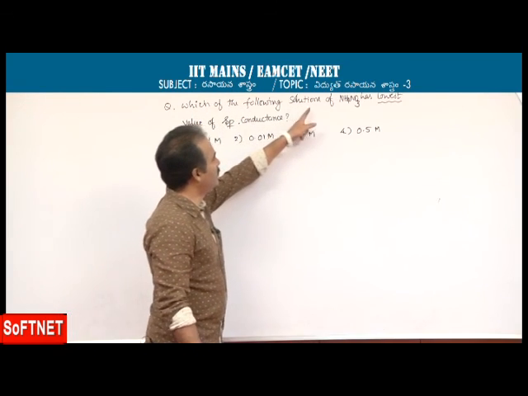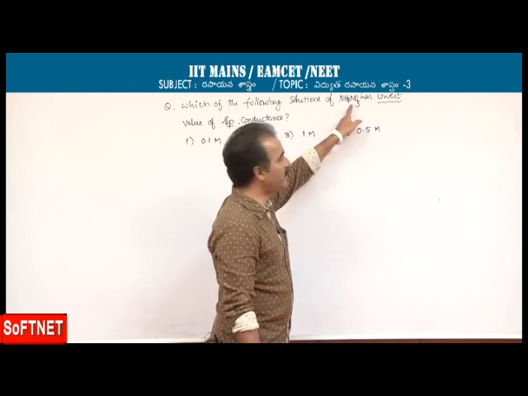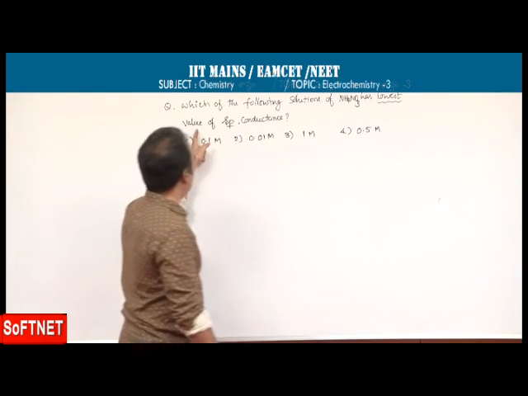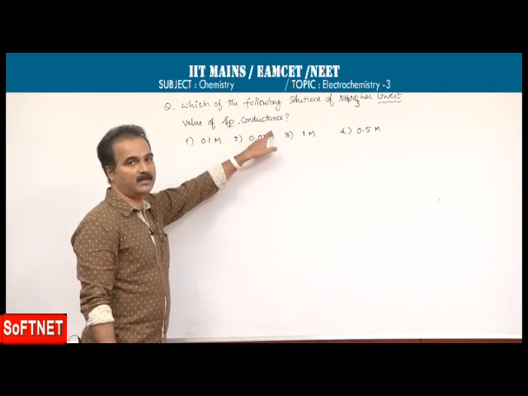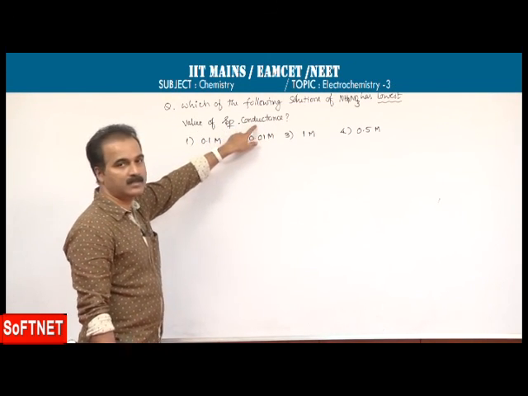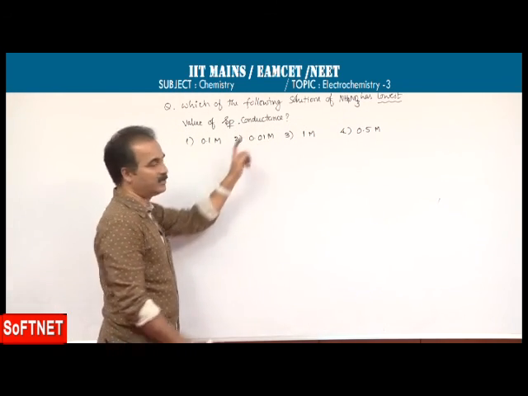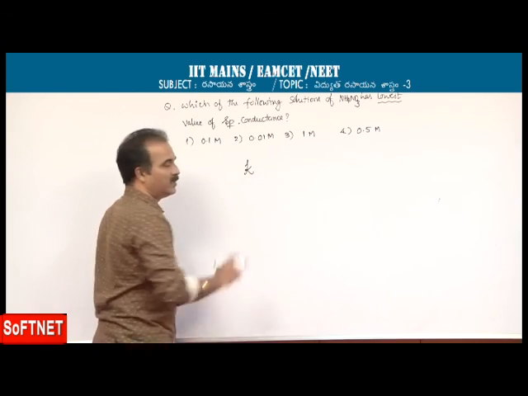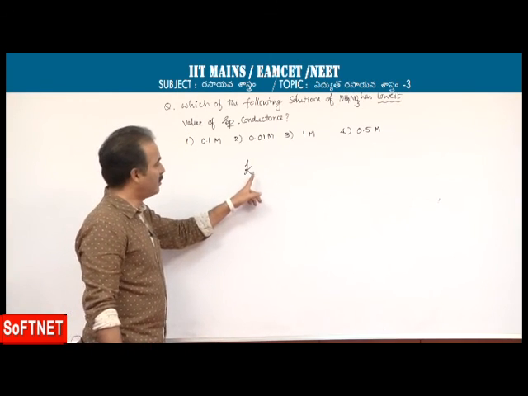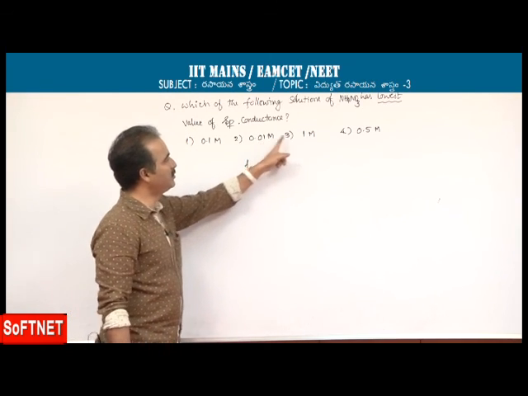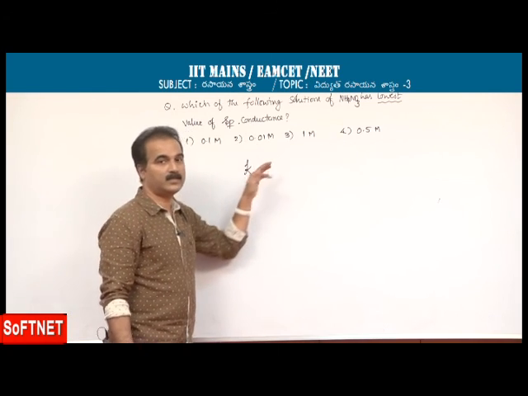Which of the following solutions of ammonium nitrate has the lowest value of specific conductance? Here specific conductance is asked, and that too the lowest specific conductance. Specific conductance is represented by K, and how does it change with concentration, that is dilution.